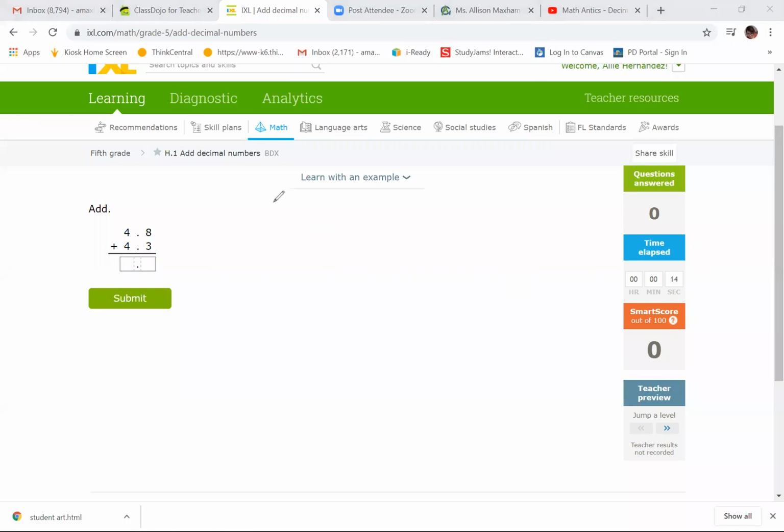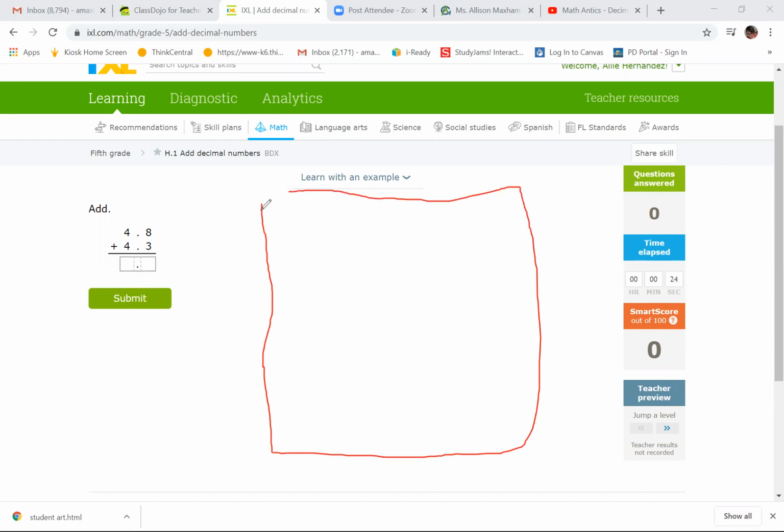Now on your paper, please make it organized. I'm going to draw a quick piece of paper there. You don't want to do something like this, do you? No. You want it to be organized and you want it to be neat. If you want to number them, you can.